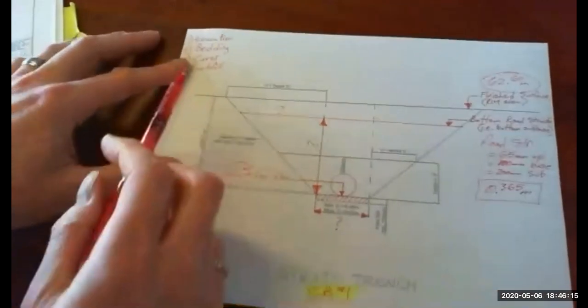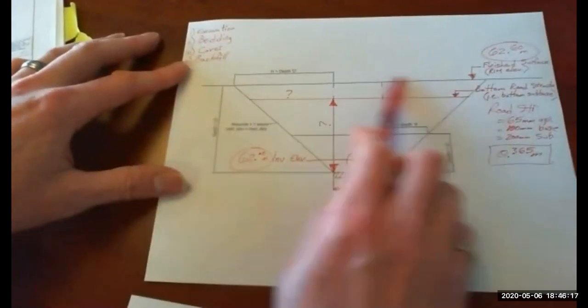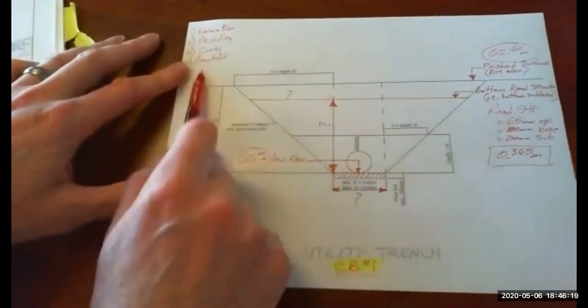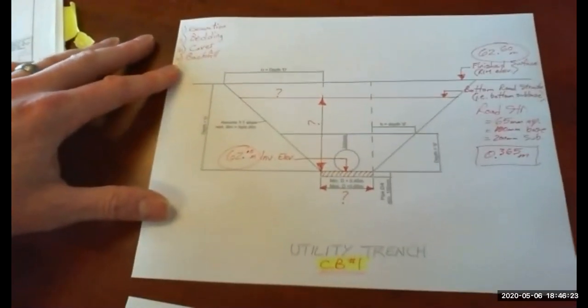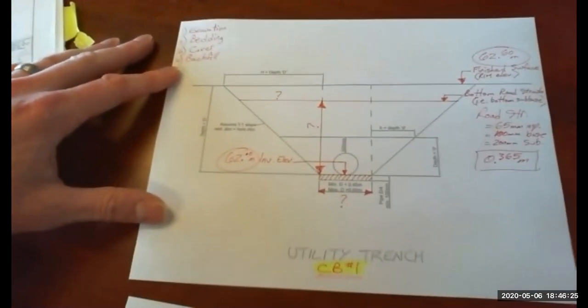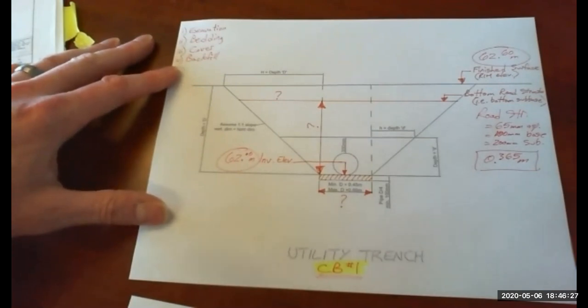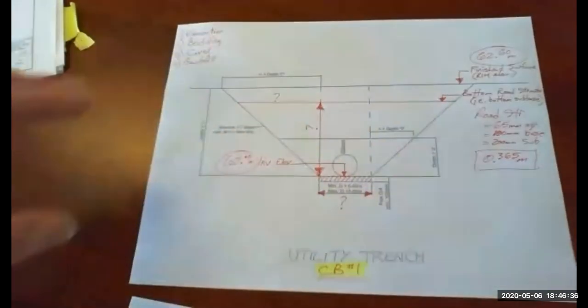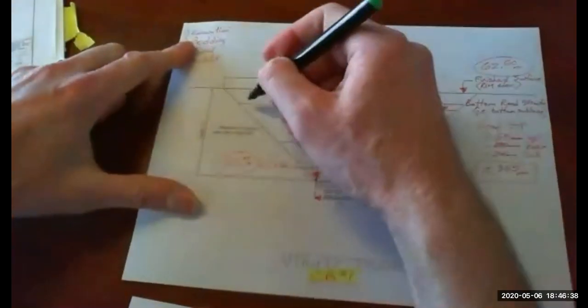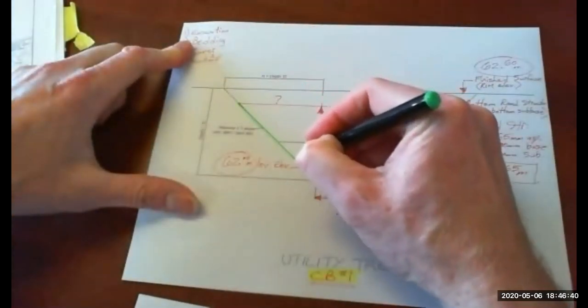So for each of these cross sections that we're going to look at, we're going to calculate these 4 end areas. Once we have end areas, then we will calculate volumes after that. Yes, 365. So excavation, what's excavation? So I'll quickly draw that in here.